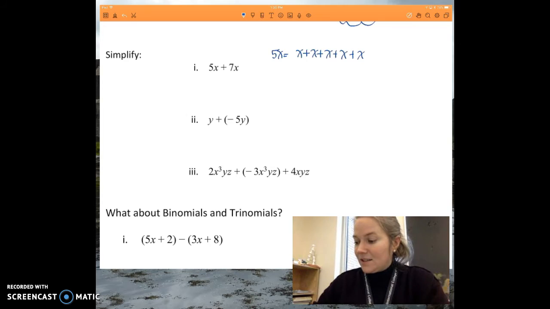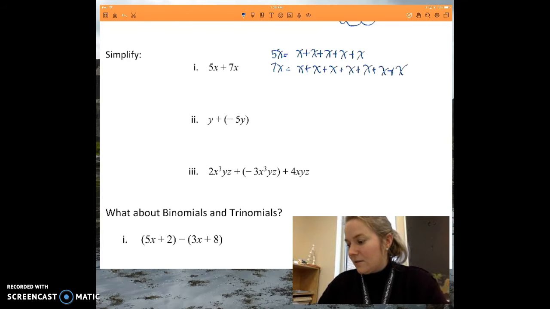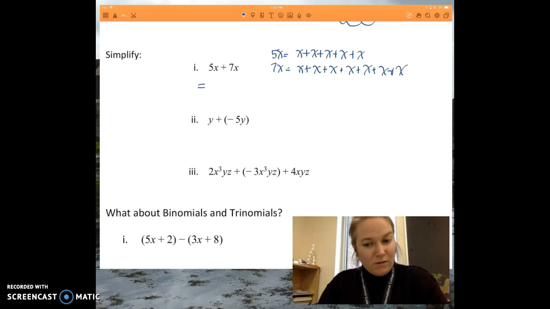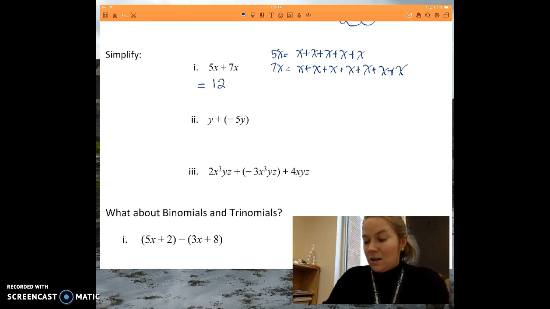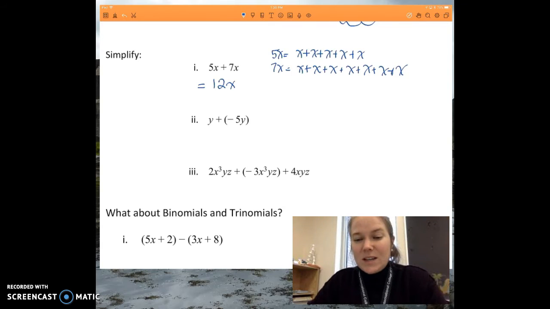So if 5x is that, and we're going to add 7x, which is 1, 2, 3, 4, 5, 6, 7. If we add those together, we're just adding a whole bunch of x's to a whole bunch of x's. And what we're going to actually get is, what's 5 plus 7? 5 plus 7 is 12. 12 what? 12x.